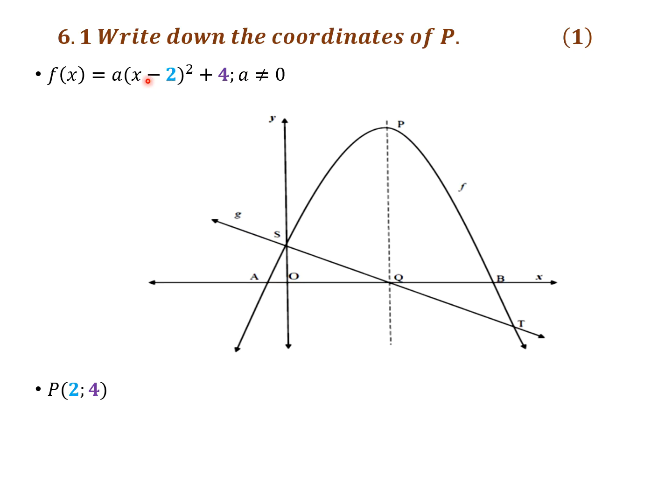If I take 2 over, x equals 2, and then my y value of my turning point would be 4. So P there is simply (2; 4). So negative 2 becomes positive 2, and then y stays 4. So that's the turning point. I hope you follow. So the x will always change sign and the y always stays as it appears.